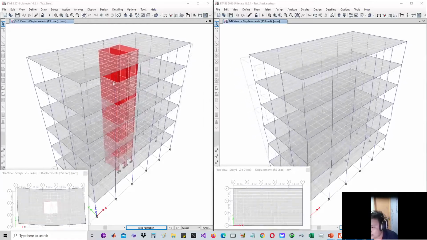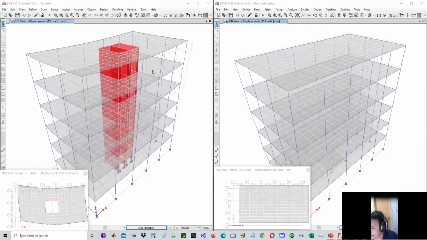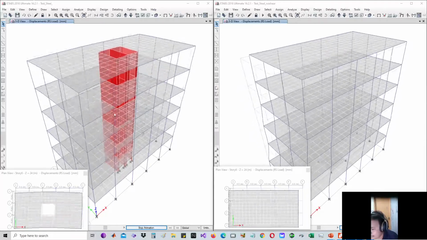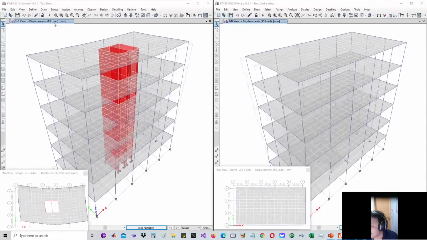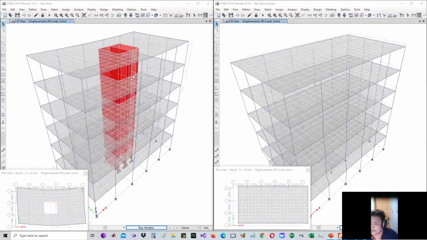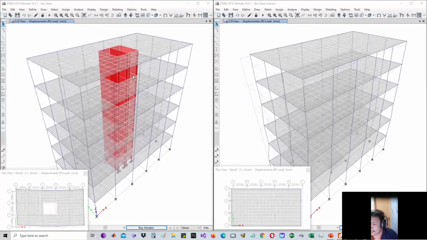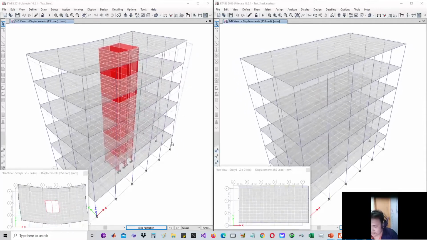Nilagay natin itong elevator shaft sa gitna ng structure, sa gitna ng building. As you can see, this is the movement for my displacement, or my loading is for the response spectrum. This is not the loading for static procedure, but this is the loading for the response spectrum.